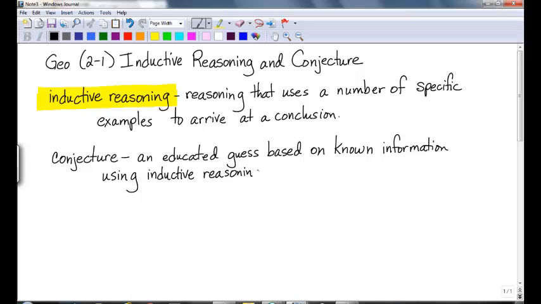So you're going to look at the specific examples that they give you and then try to base your conclusion on that.